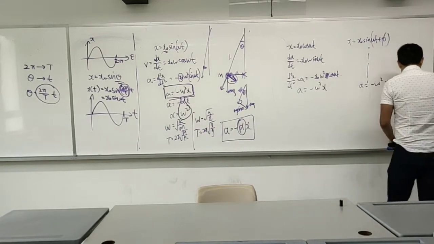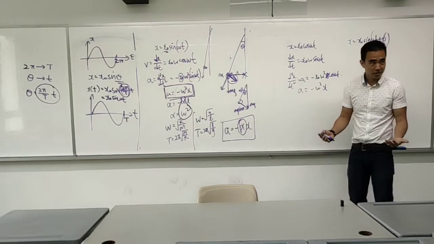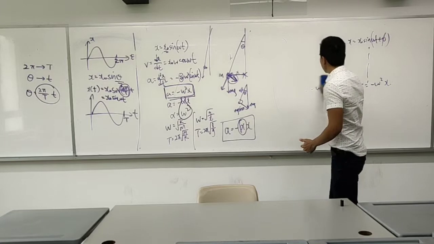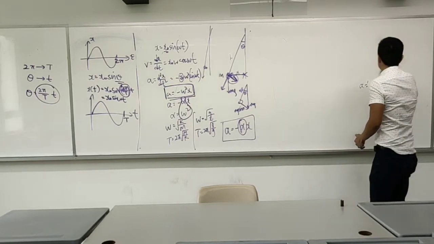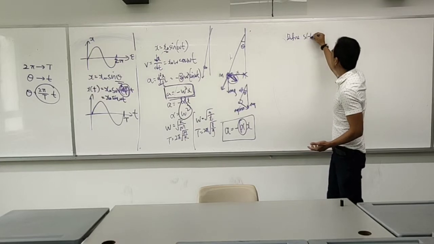Now what I'm going to do is show you the different kinds of questions you can ask, in order of difficulty. First level: define SHM. Seriously, this is the lowest level.